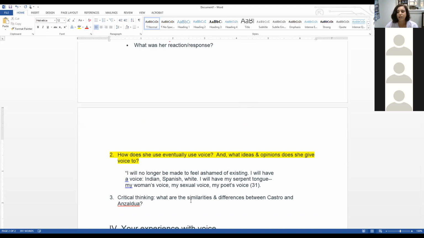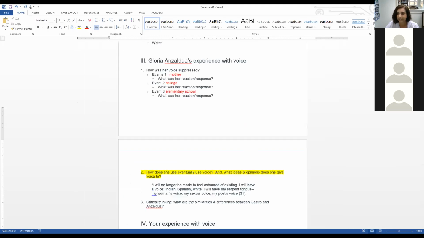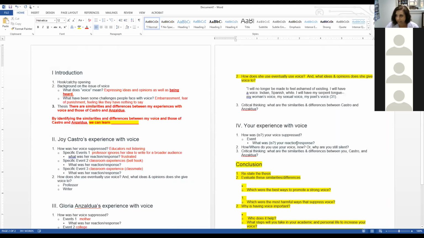And the next part of it, you're going to be looking at the similarities and differences between Castro and Anzaldúa. And there's a lot more similarities. One of the big differences is the language.